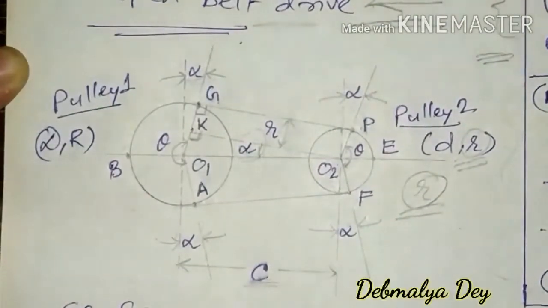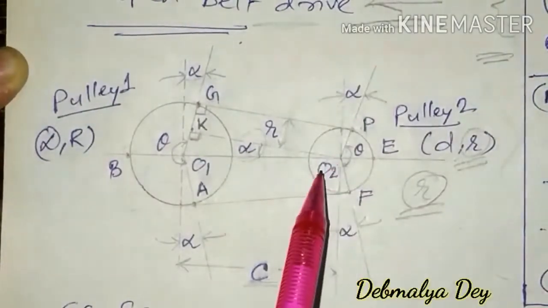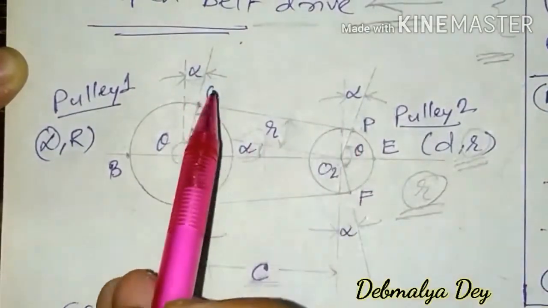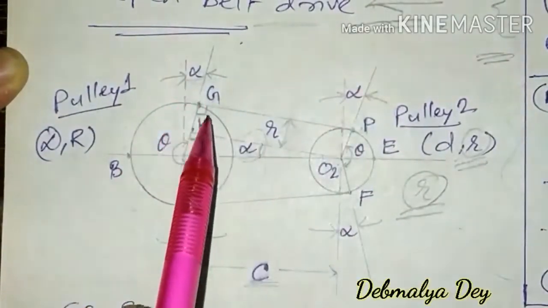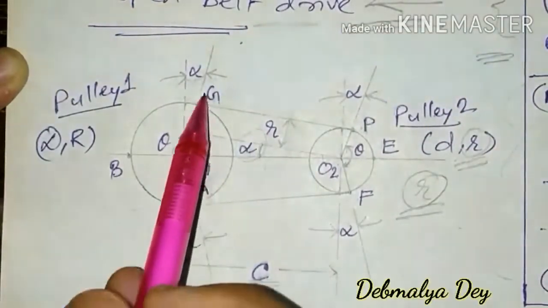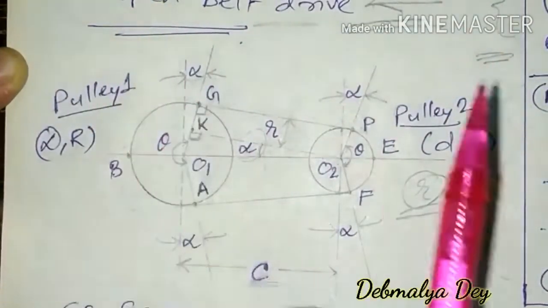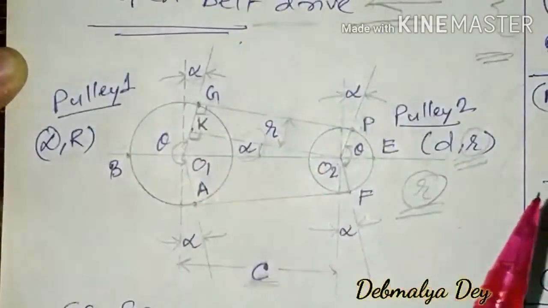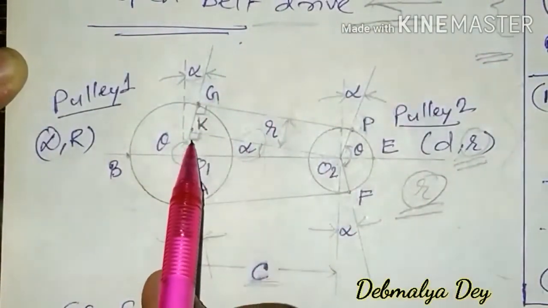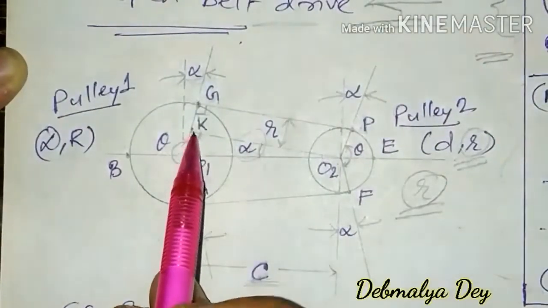Now the construction which we have done here is also the same. What construction have we done? We have drawn this line segment O2K parallel to GP. Now GP is a tangent to the circle, so the angle which GP makes with the radius O1G, or capital R, will be 90 degrees, because a tangent and the radius are always perpendicular. So naturally if O2K is parallel to GP, this will also make a 90 degree angle with the radius.